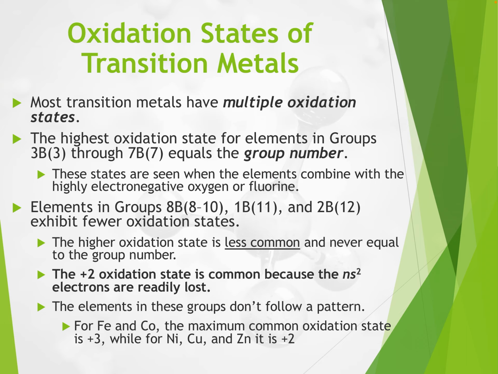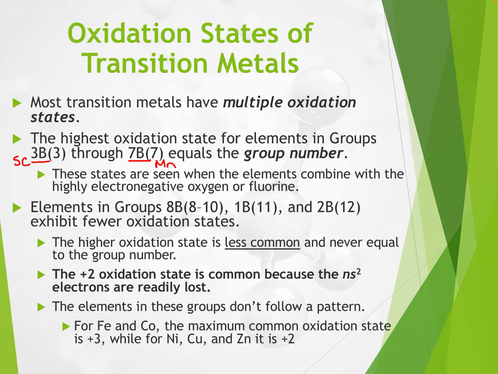If we're looking at the highest oxidation state, which is usually, for groups 3B through 7B, that's usually the oxidation state that they take, not always, but a lot of times, and it's going to match their group number. Group 3B starts with scandium, and it goes all the way through manganese, and then obviously any of them below those.